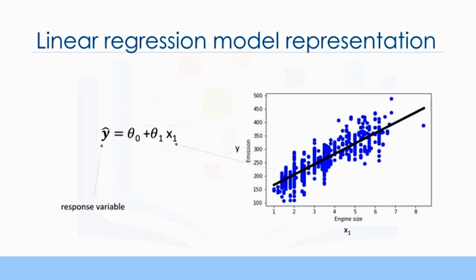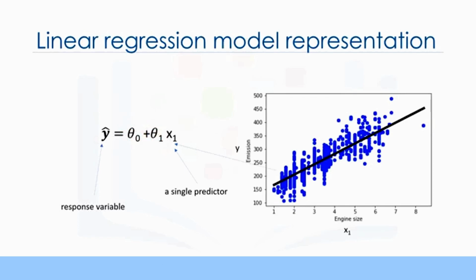In this equation, y hat is the dependent variable or the predicted value, and x1 is the independent variable. Theta 0 and theta 1 are the parameters of the line that we must adjust. Theta 1 is known as the slope or gradient of the fitting line, and theta 0 is known as the intercept. Theta 0 and theta 1 are also called the coefficients of the linear equation.